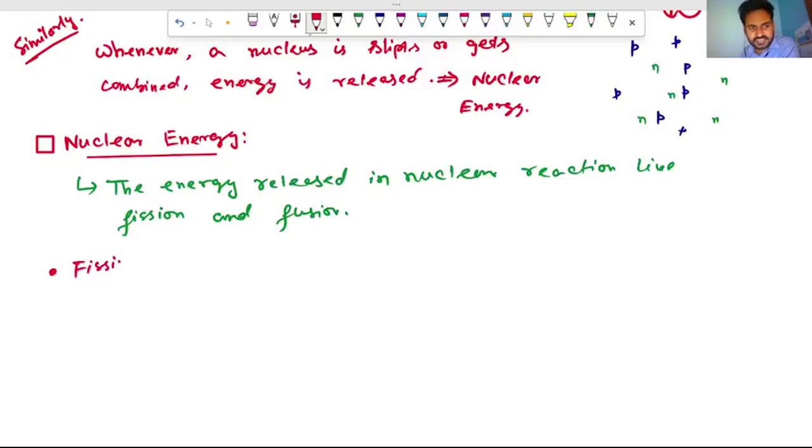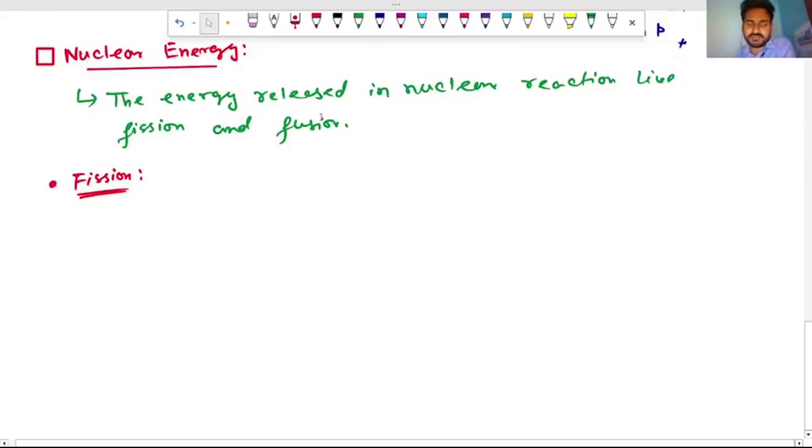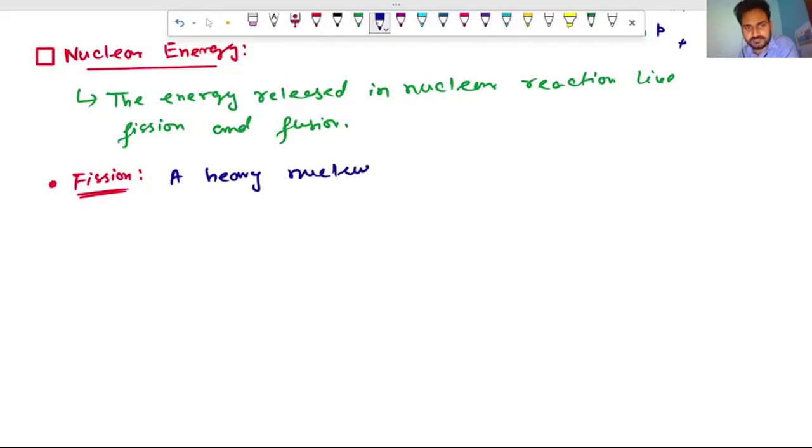Fission is a nuclear reaction. There may be combining or splitting of nuclei, but in the case of fission, a heavy nucleus splits into two lighter nuclei, releasing energy.